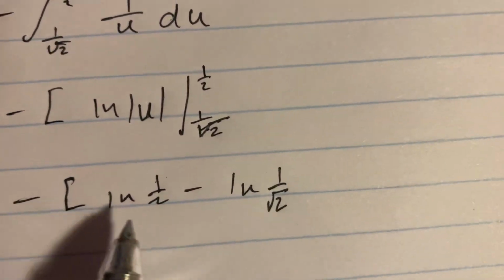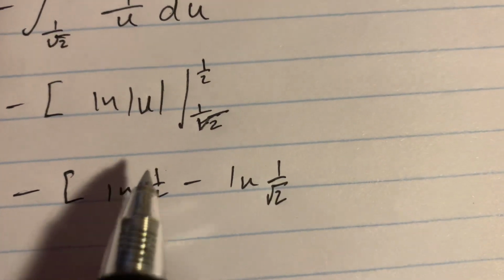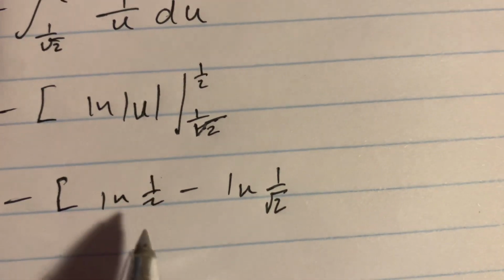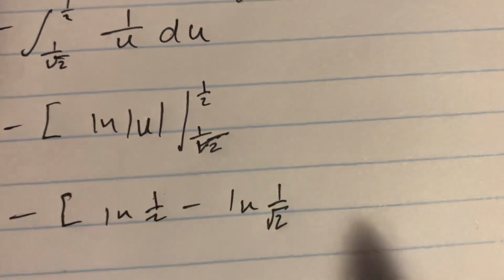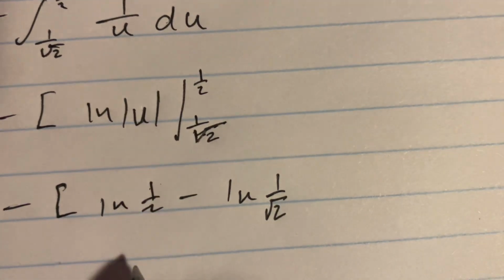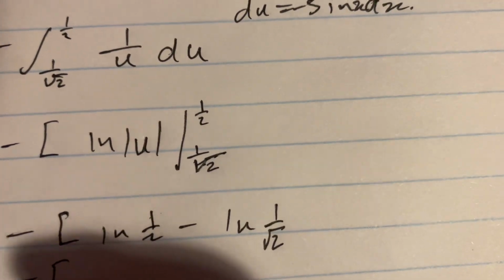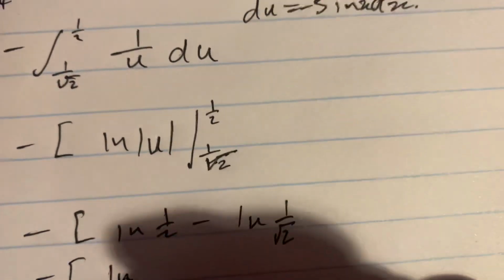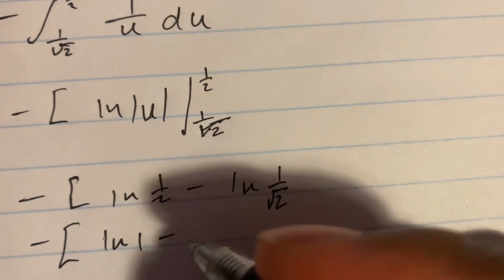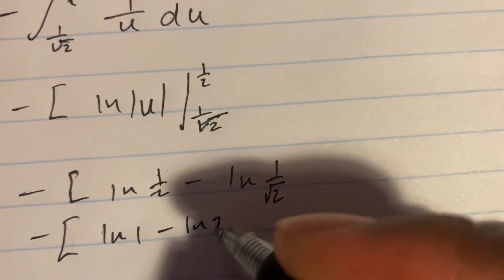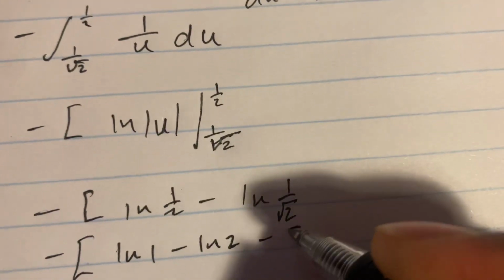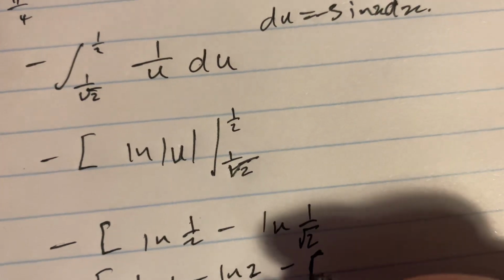Okay, let's rewrite this one. We know that ln of 1 over something is the same as ln of the numerator minus ln of the denominator. So we have ln of 1 minus ln of 2, let me write a curly bracket there.